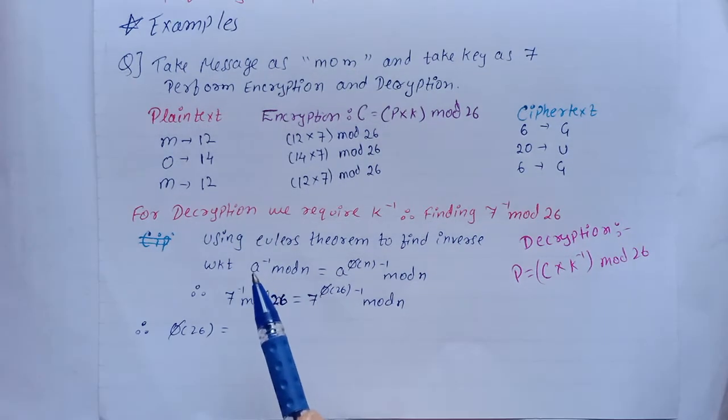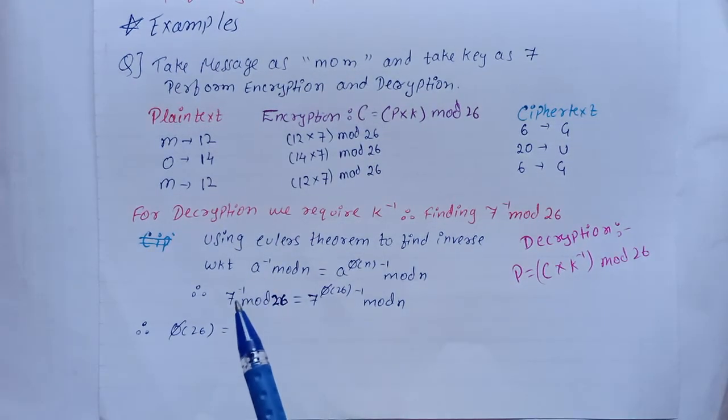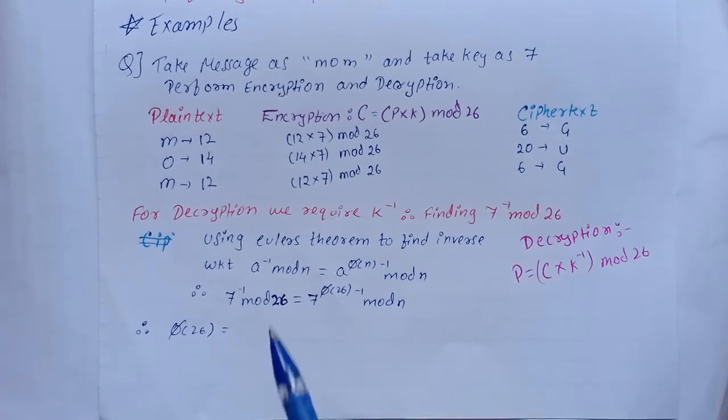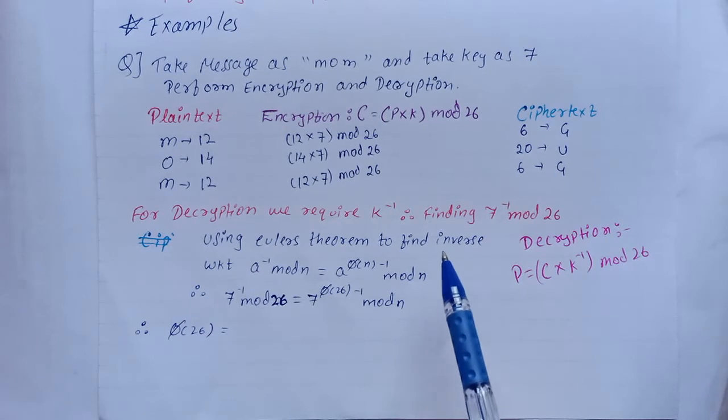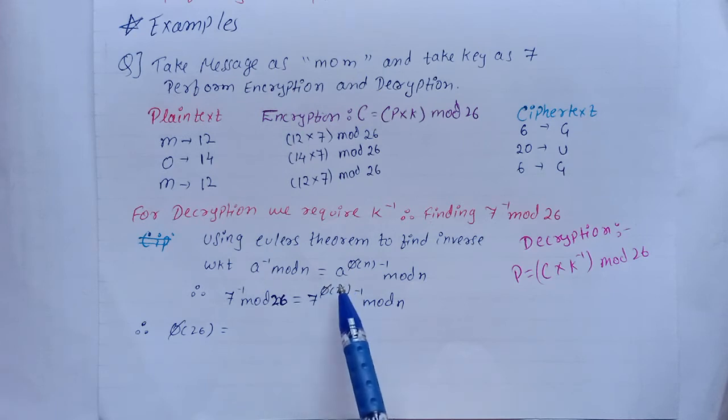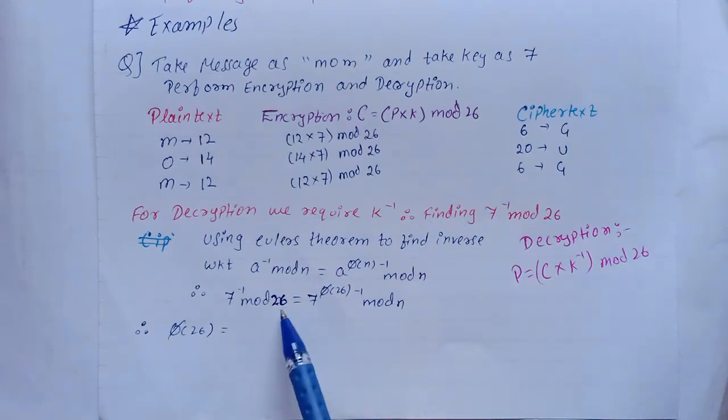Since we saw Euler's theorem in mathematics of asymmetric key cryptography in my previous video, we will find the inverse using Euler's theorem. Euler's theorem says that A inverse mod n is equal to A raised to phi of n minus 1 mod n. So we will find 7 inverse mod 26. For that, firstly we need to find phi of 26.